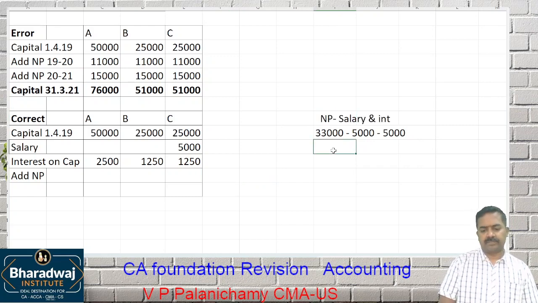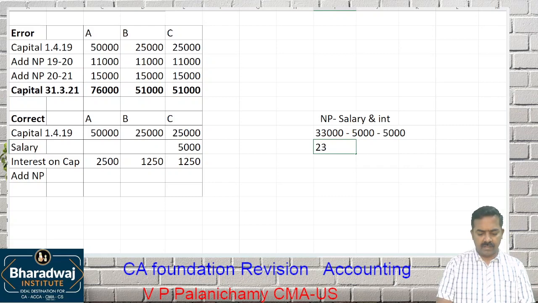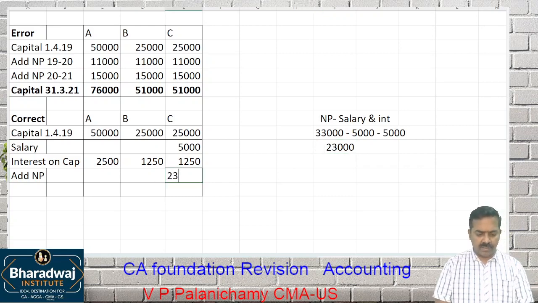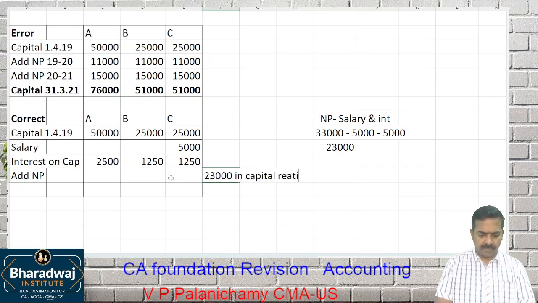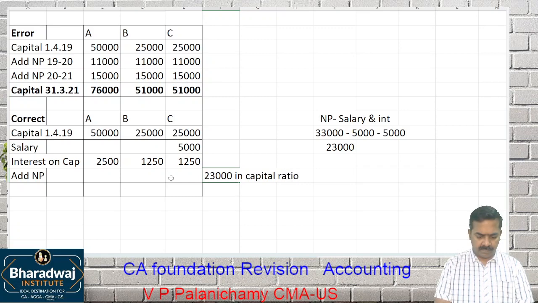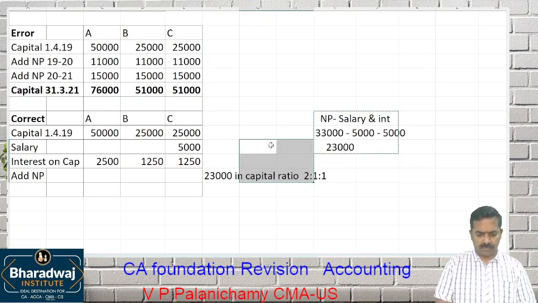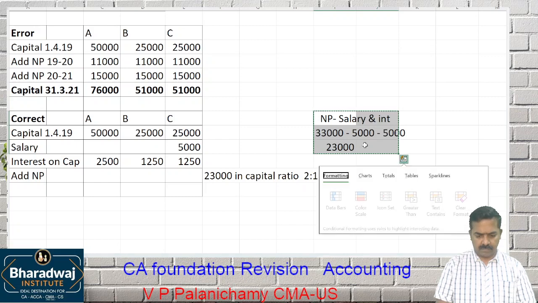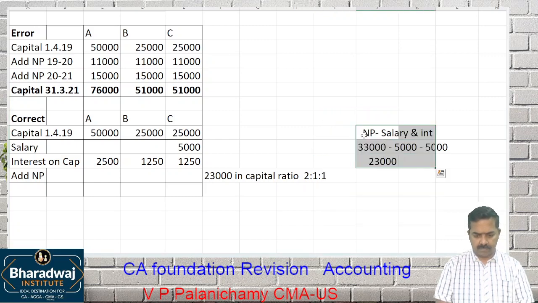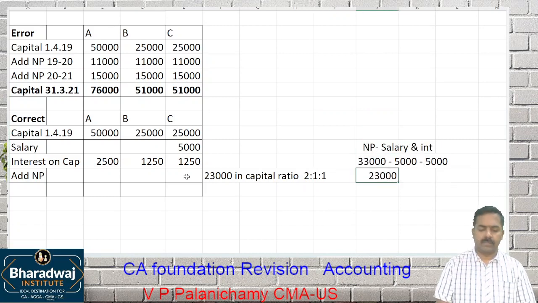What is the net profit? 23,000. Now share this 23,000 in which ratio? 1:1. How much will it come? 11,500, 5,749.